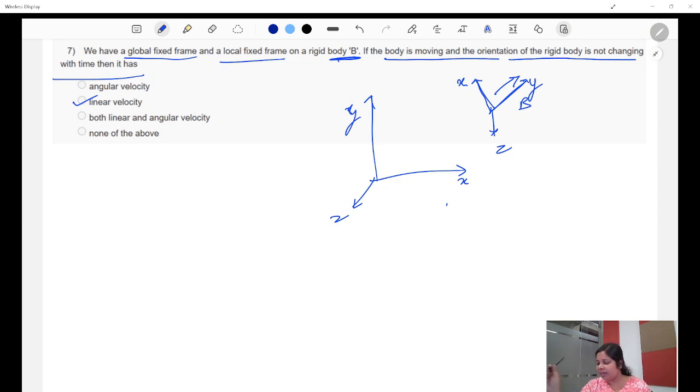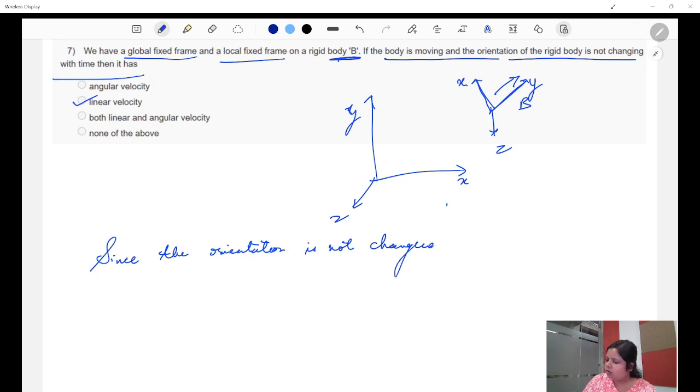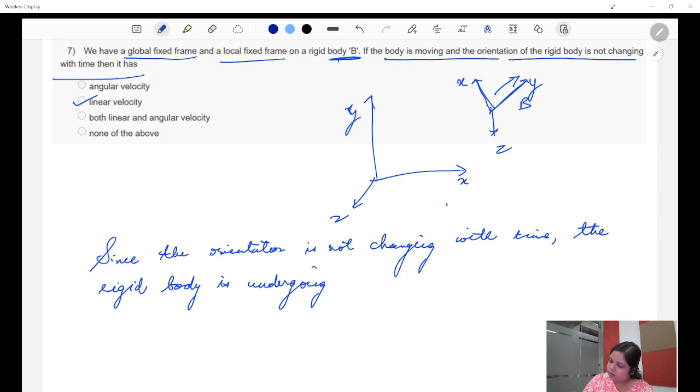Since the orientation is not changing with time, the rigid body is undergoing pure translational motion.